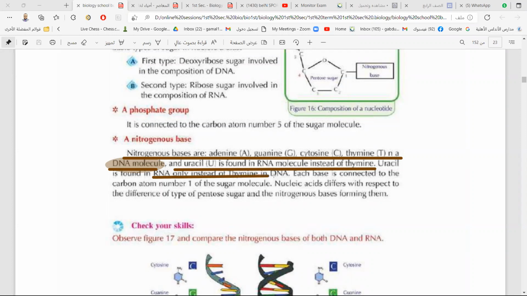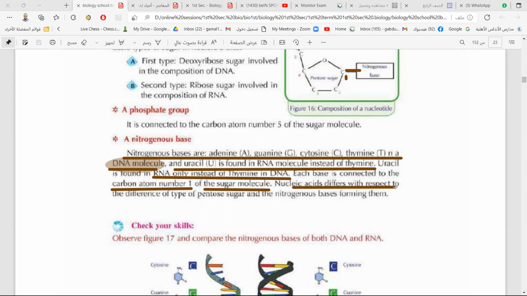RNA has uracil instead of thymine in DNA. Each base is connected to carbon atom number 1 in the nucleotide of the sugar molecule. The sugar molecule has 5 carbon atoms. This is number 1, this is number 2, 3, 4, 5. This is number 5.